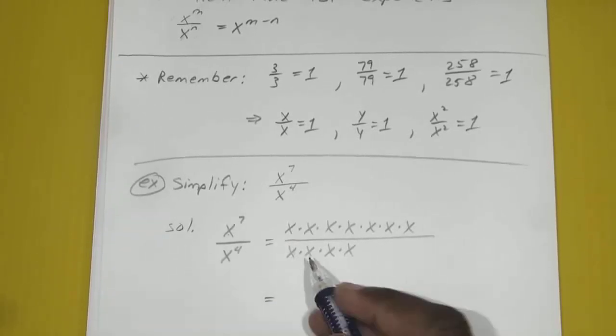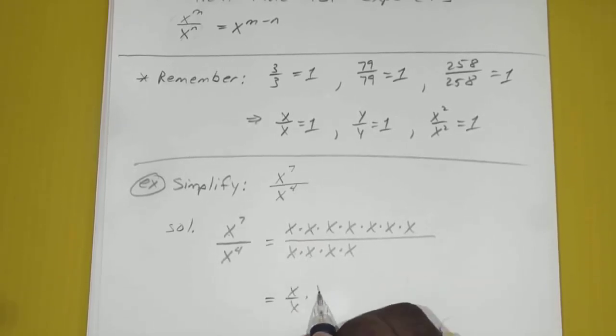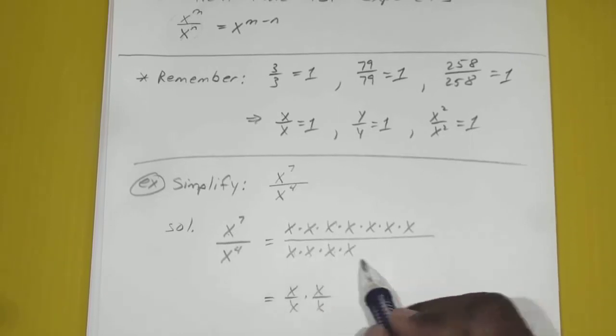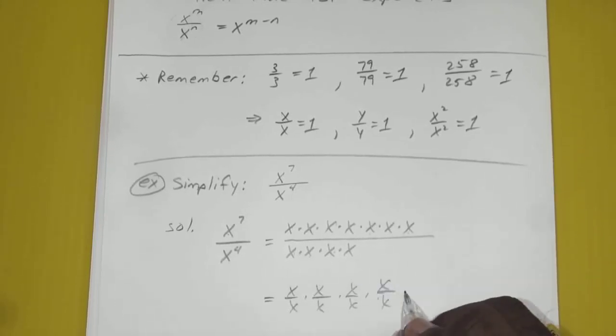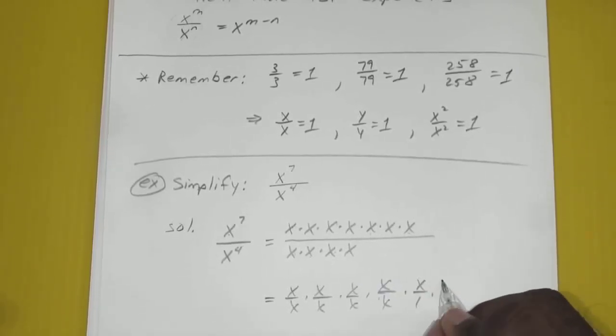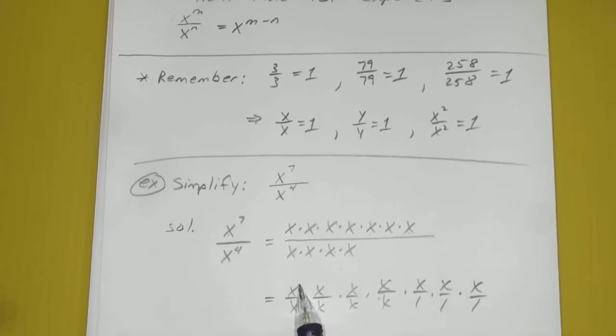Okay, so you can say x over x times x over x, so it's just times x over x times x over x. And those 3 x's up top, we can make that times x over 1 times x over 1 times x over 1. Anything divided by itself is 1.